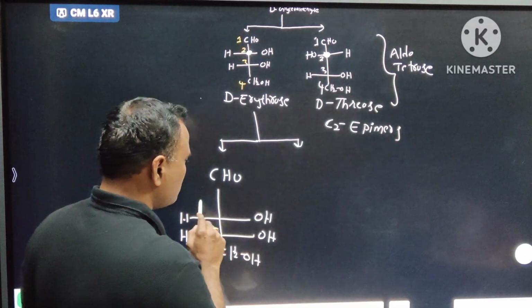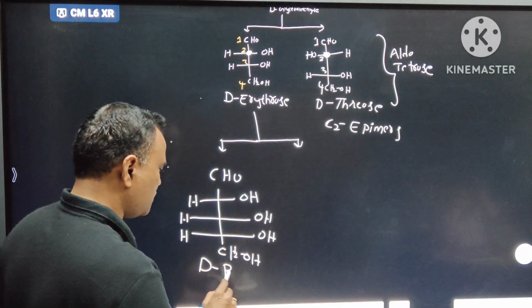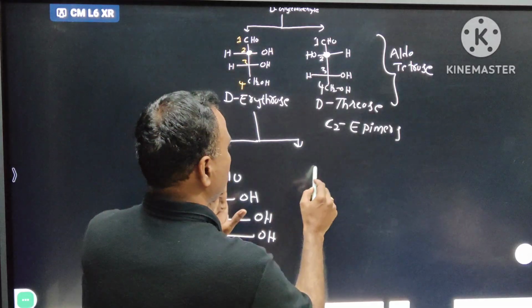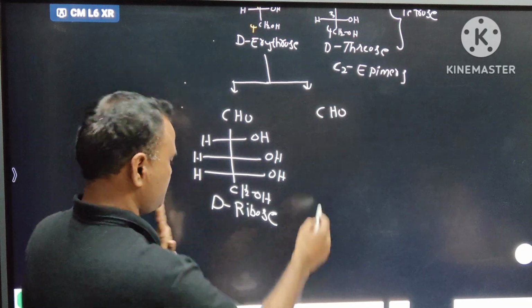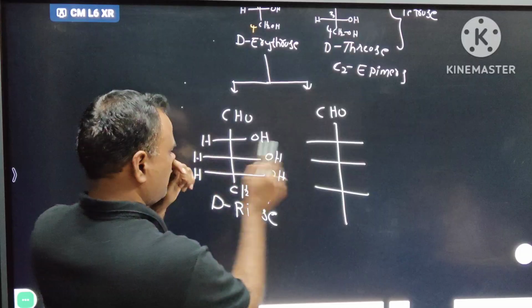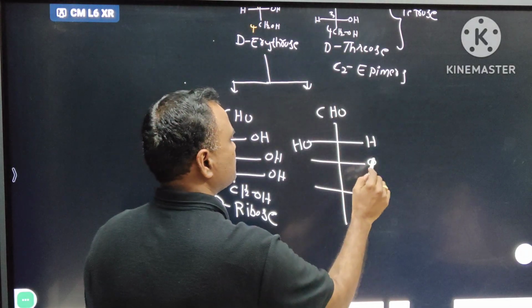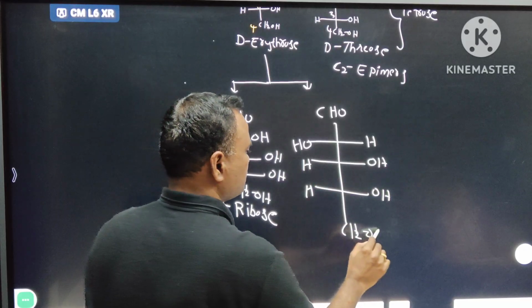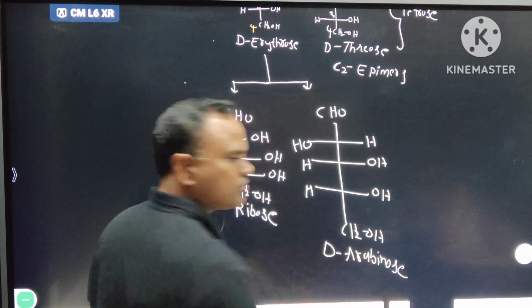So this is D-ribose. Next, we moved right, so this is D-arabinose.